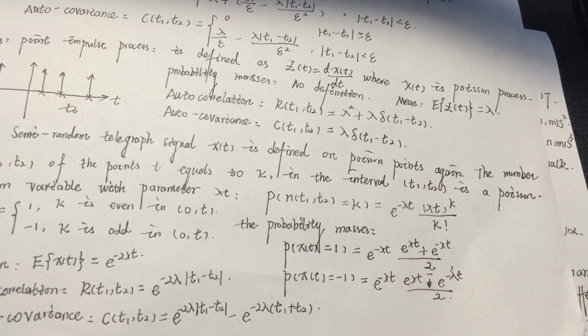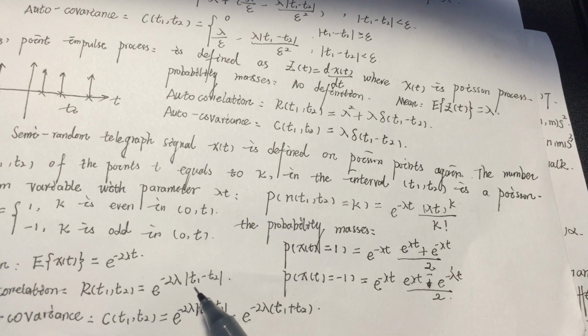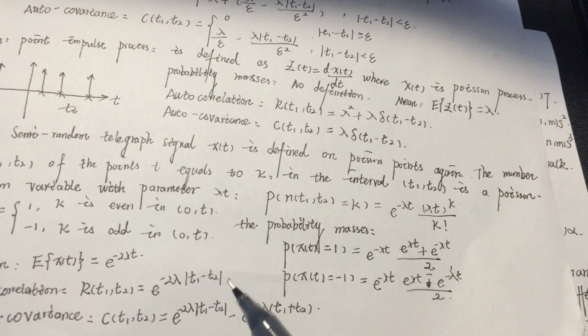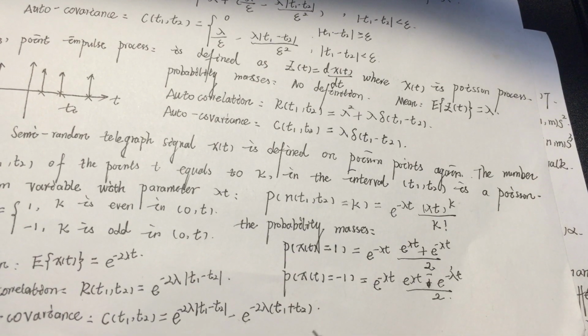The autocorrelation of t1, t2 equals e to the power of minus 2 lambda multiplied by the absolute value of t1 minus t2, and the autocovariance of t1, t2 equals e to the power of minus 2 lambda multiplied by the absolute value of t1 minus t2 minus e to the power of minus 2 lambda multiplied by (t1 plus t2).